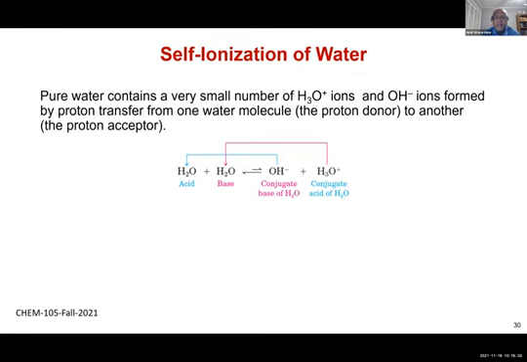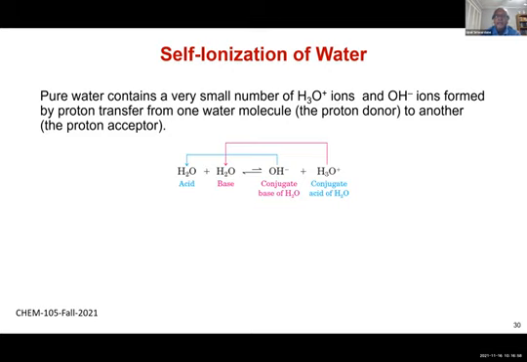Another water molecule, in red here, is the base and accepts a proton. Water and OH- is the acid-conjugate base pair. Water and hydronium ion is the base-conjugate acid pair in the Bronsted-Lowry reaction of two water molecules.